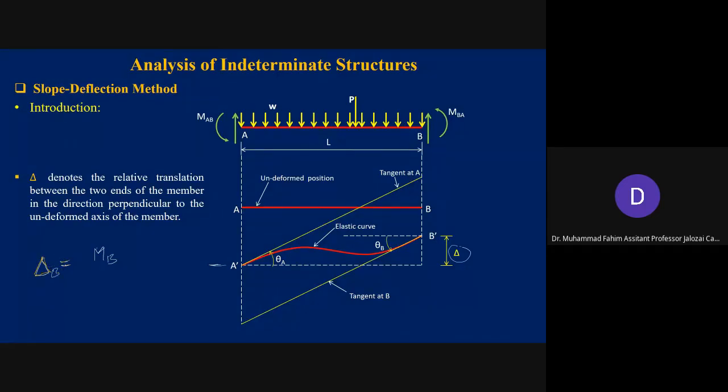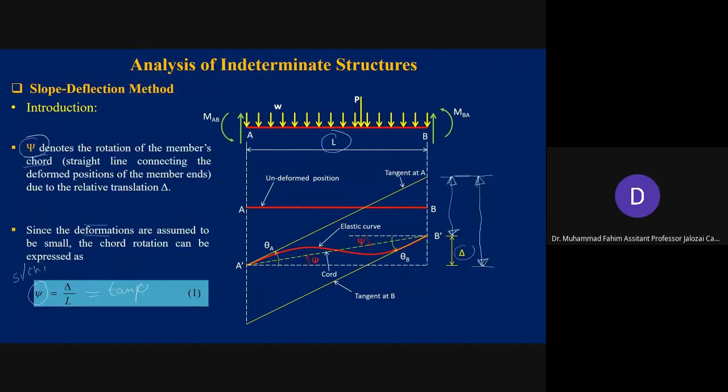In reality it is the vertical difference of the tangent at one point to the other point. Here we are drawing a tangent at A, and from this point B on the elastic curve, this is what is given by the conjugate beam method.